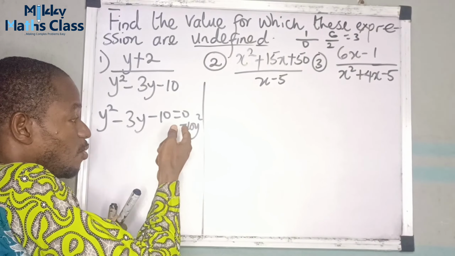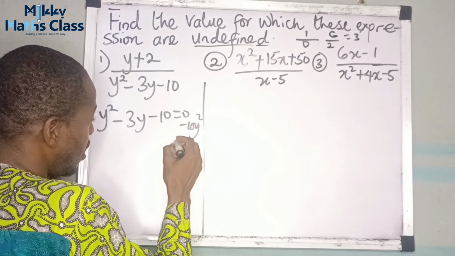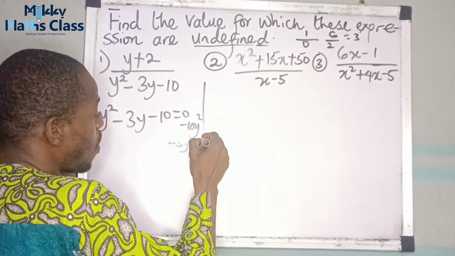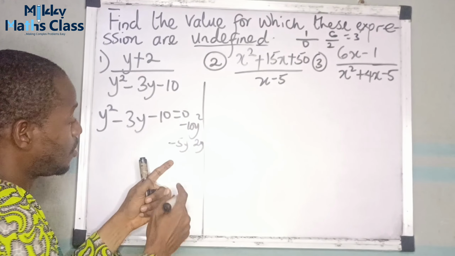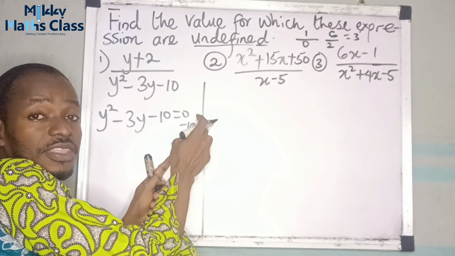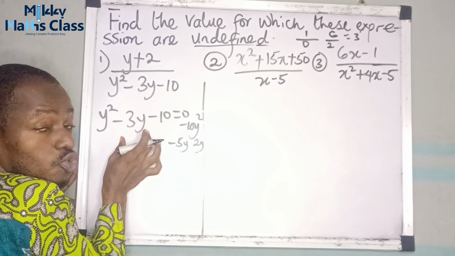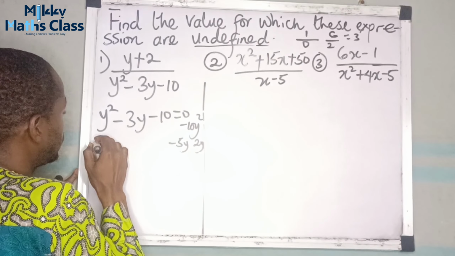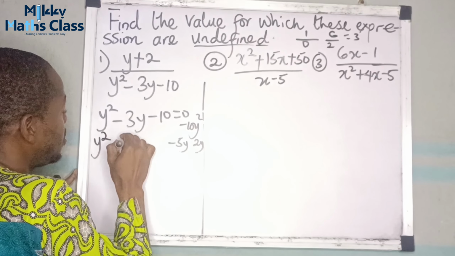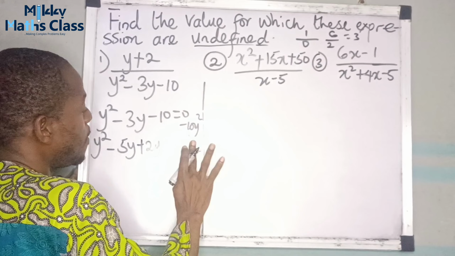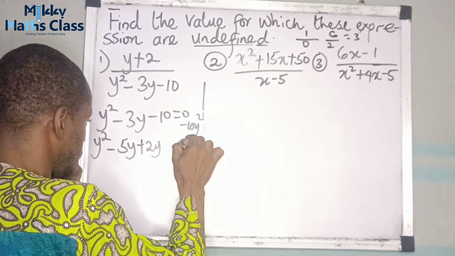5 times 2 will give us 10, but negative 5y and 2y fit that description, because this and this will give us negative 10y squared, and when I add them together, I get the middle term. So I replace the middle term by the two factors. This becomes y squared minus 5y plus 2y minus 10 equals 0.